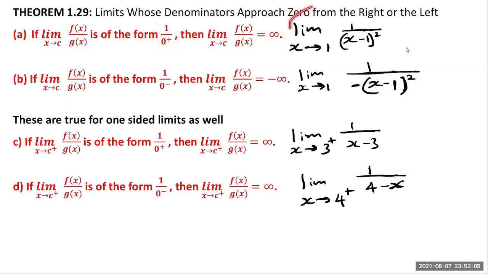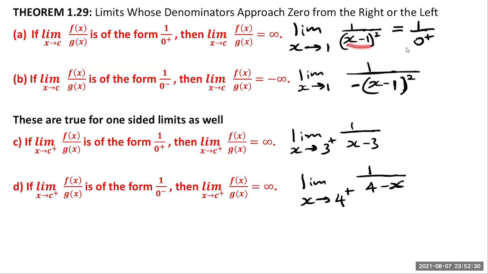Here is an example. Let's try to calculate the limit as x approaches 1 of this expression. As you can see, as x approaches 1, what form are you going to get for this expression? You are going to get 1 over 0 plus, right? Why 1 over 0 plus? Why does it approach 0 from the right-hand side as x approaches 1?